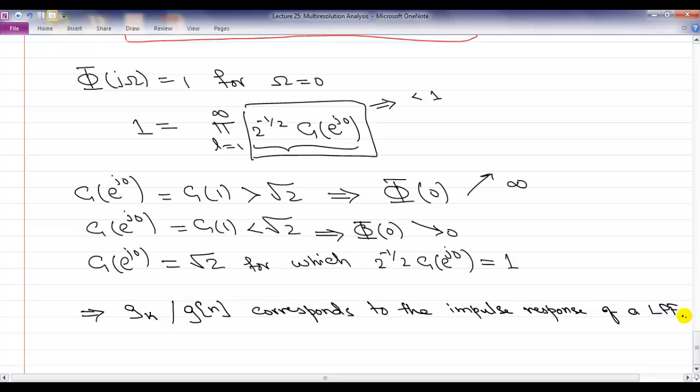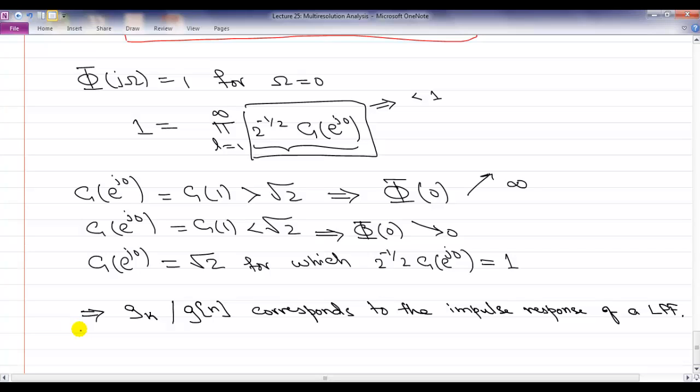Okay. Now, that is one property that we'll have to remember. It's effectively that the relationship between the scaling function and the filter is that the filter is a low-pass filter.